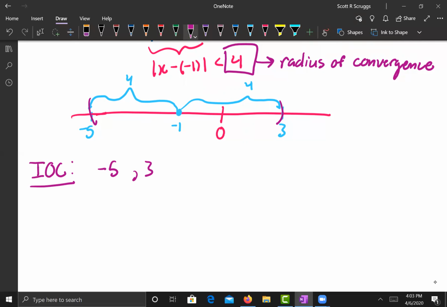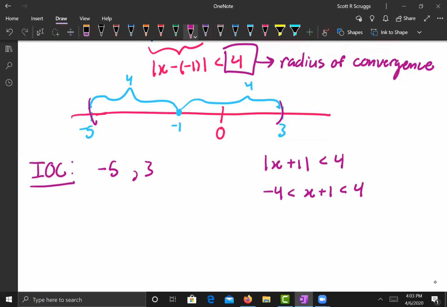Let's verify that using math and not with the picture. If I had to verify that, say on the final, the way I would do that is x plus 1 less than 4. Using our inequality, that's -4 less than x plus 1 less than 4.